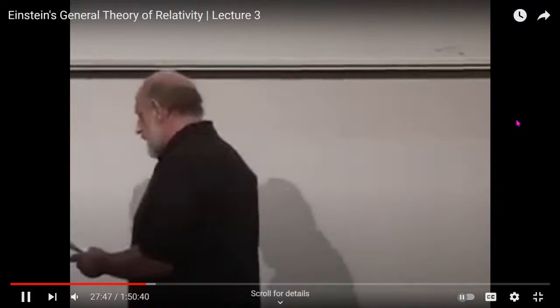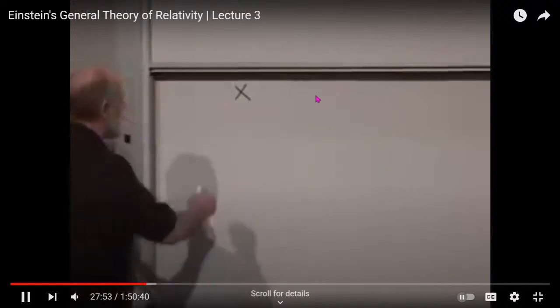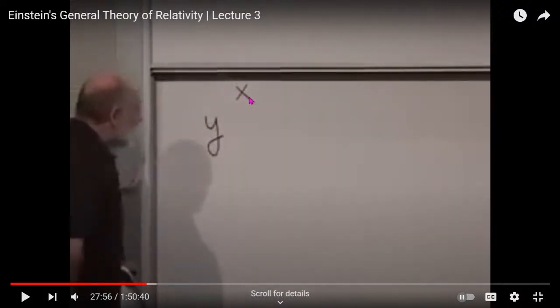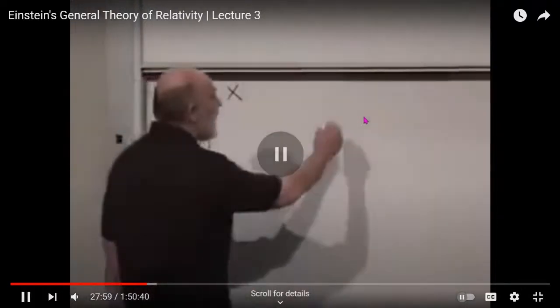Right now, we have a set of coordinates, which I've called x. But now let's suppose I use another set of coordinates that I call y. The set of coordinates x is x0, x1, x2, x3, and now he's going to have y0, y1, y2, and y3. The y's are different coordinates, nothing to do with the x.